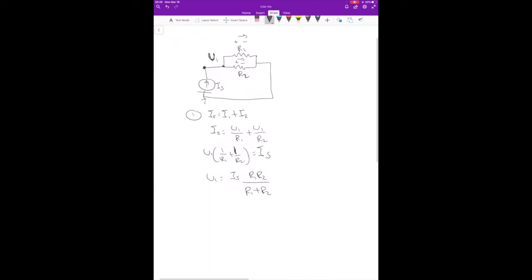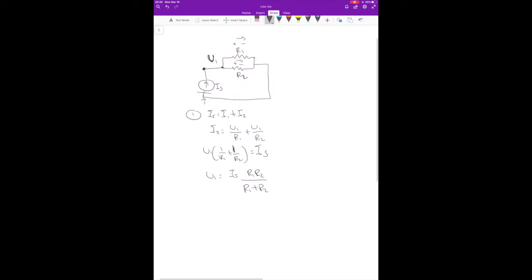Then I came up with expressions for I1 and I2. Mainly how I did that was I grounded this node right here, and I said U1 minus 0 over R1 is equal to I1. And I did the same thing for I2, except I used R2.